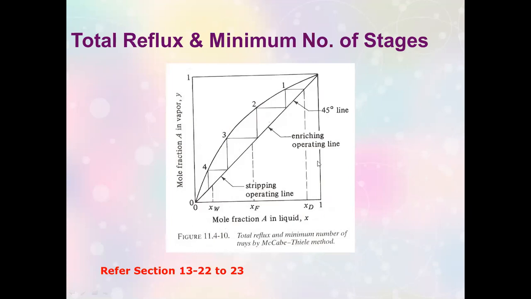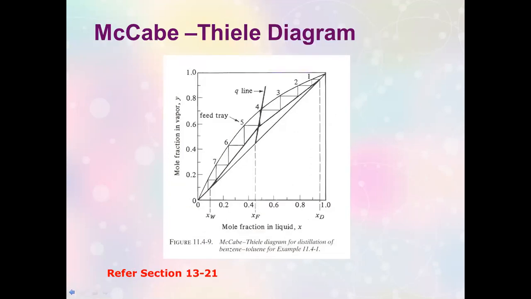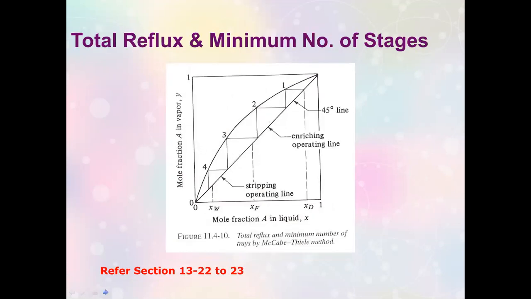Last meeting, I also tried to include this in the last part, that when the 3 operating lines, referring to the enriching section operating line, the stripping section operating line, and the Q line, all coincide on the 45-degree line, then what you have is a case of the total reflux, or the minimum number of stages.